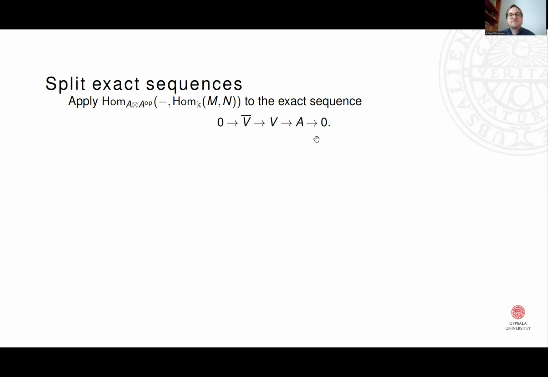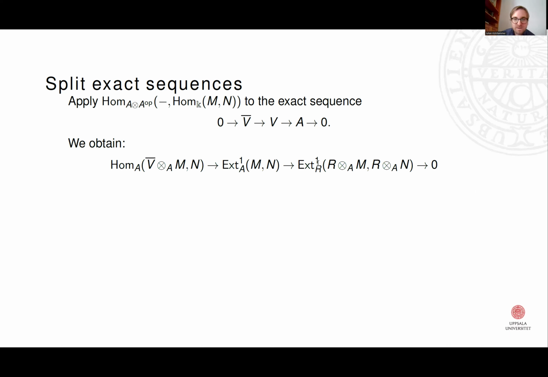One important tool in the proofs is this sequence. You have the counit epsilon from V to A, and the kernel is this projective bimodule V bar. Now you can prove a lot of things by just applying this functor to this sequence.